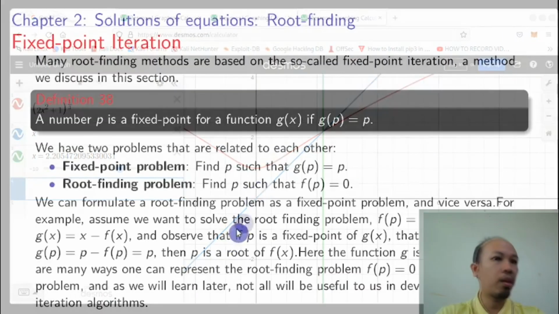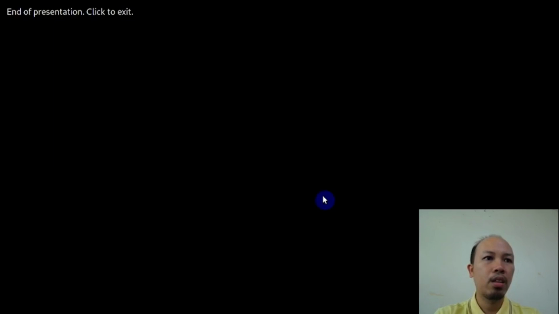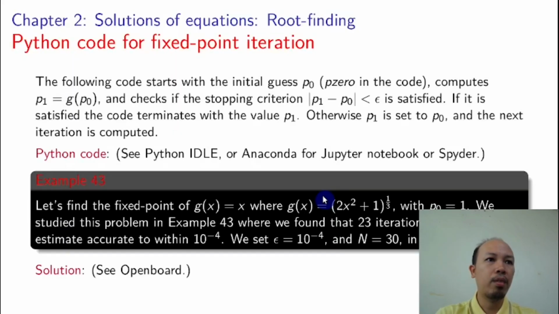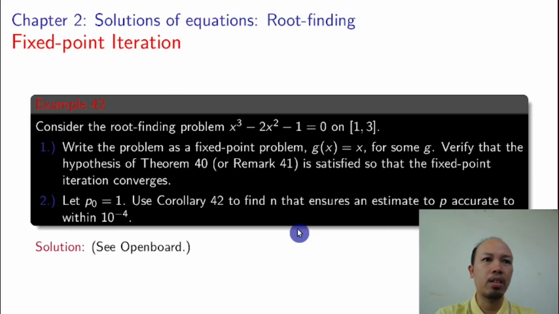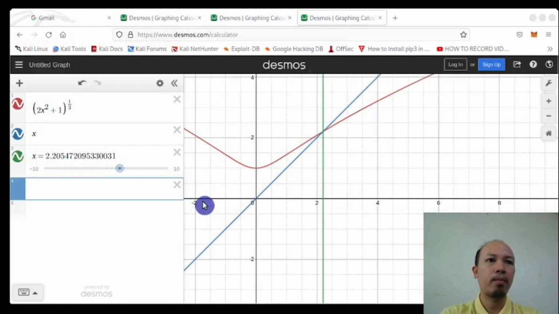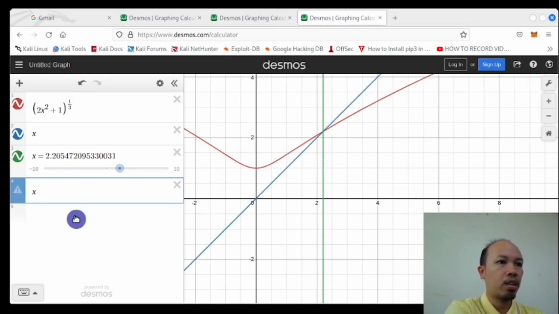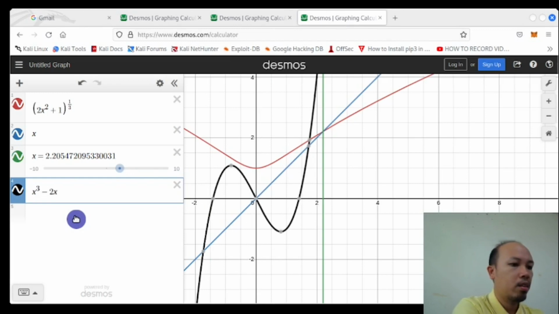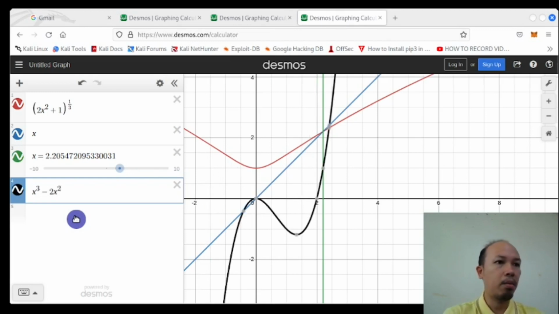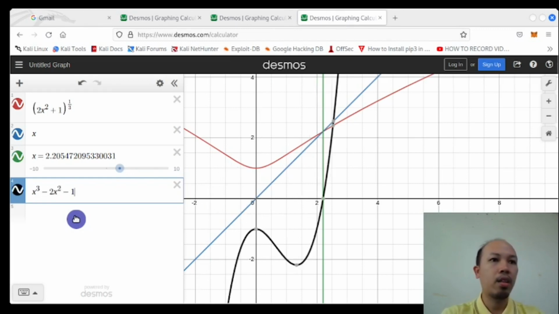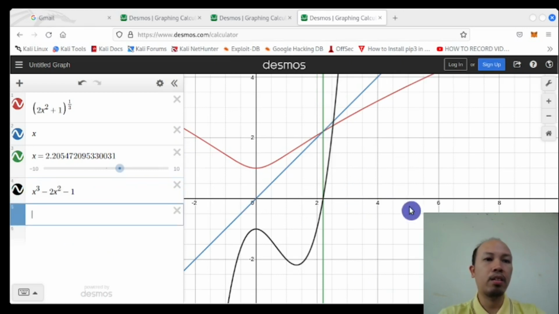let's go to f1, where are you? Our f of x is, this one, x cubed minus 2x squared minus 1. Okay, x cubed minus 2x squared minus 1. Okay, so enter.